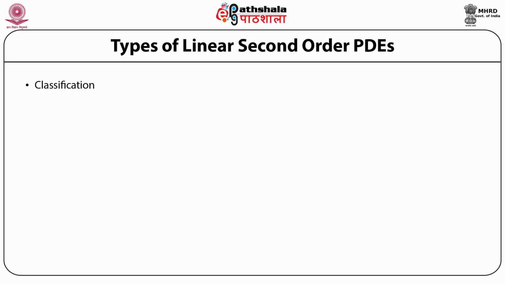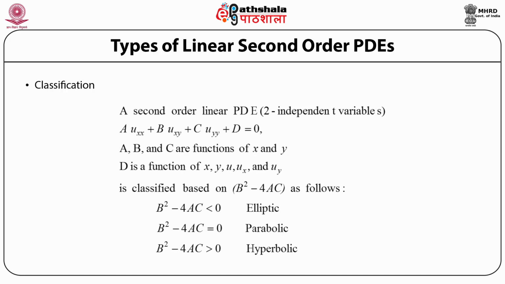Now take the equation a times uxx plus b times uxy plus c times uyy plus d is equal to 0. The b squared minus 4ac is where we find the roots of the solution. If b squared minus 4ac is less than 0, then it's going to have an elliptical profile.